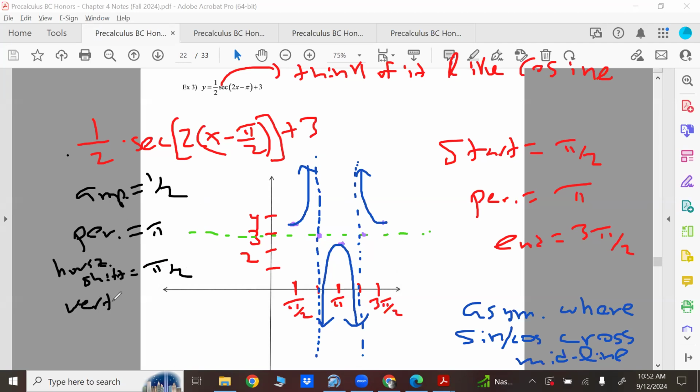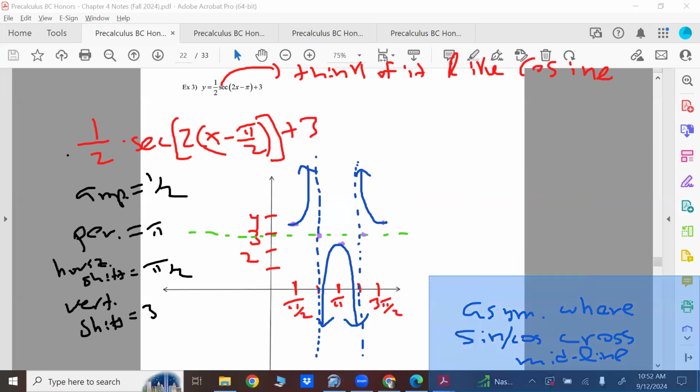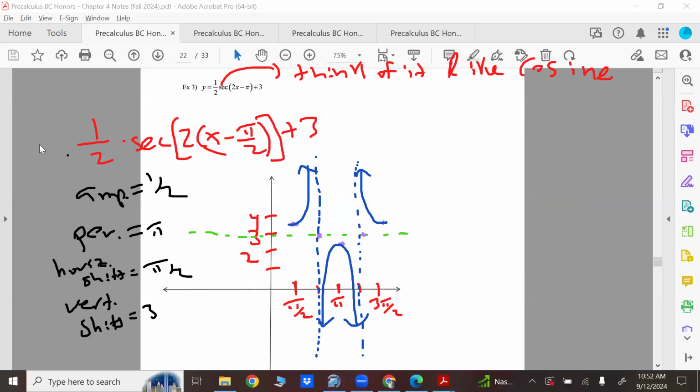Vertical shift is still 3. Domain's a little tricky. Let's take care of range first. Range is actually easier. What would we say the range would be?